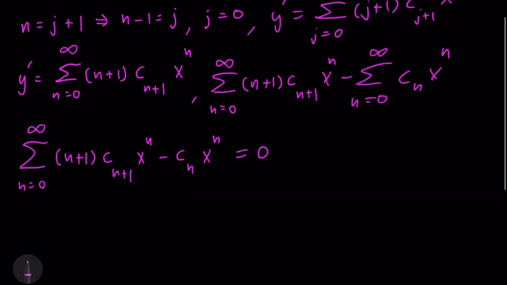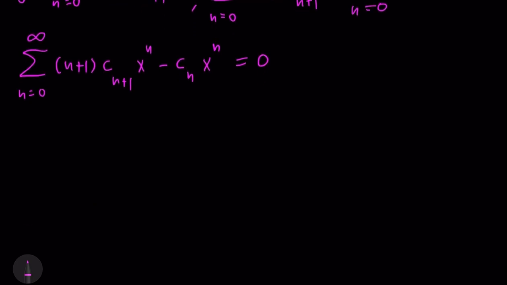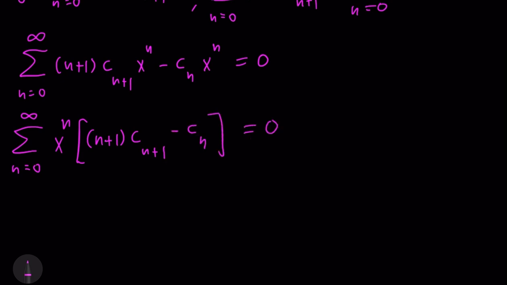And then from here, I could factor the x to the n term. So you have the sum from 0 to infinity of x to the n power times n plus 1 c sub n plus 1 minus c sub n equals 0. So if this equals 0, then this must also be 0.